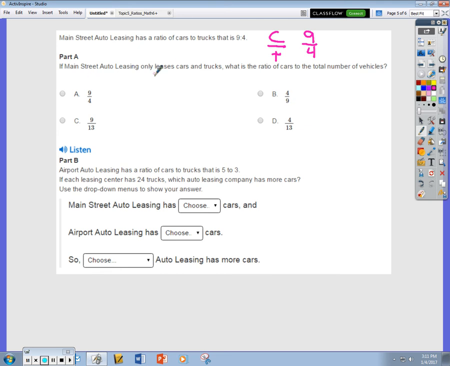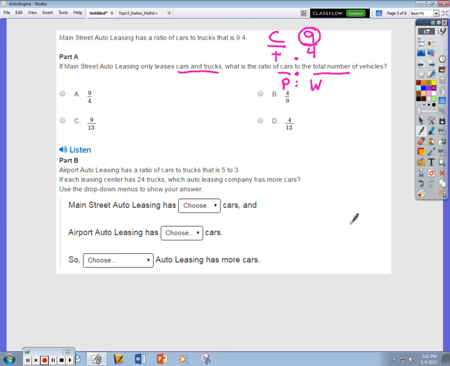If Main Street Auto Leasing only leases cars and trucks, what is the ratio of cars to, there's that word to, I'll put the little colon there, to total? Hey, this is a part to whole ratio, cars to total. Well, how many cars do we have? We have 9 cars.